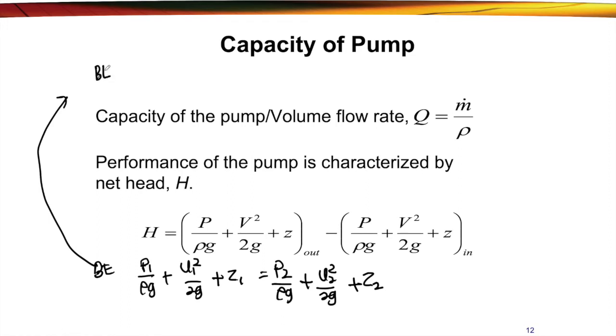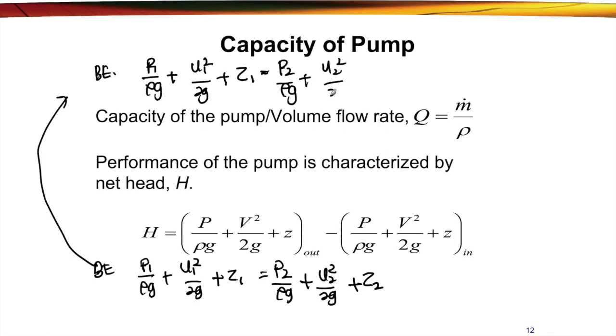So Bernoulli's equation becomes P1 over rho g plus U1 squared over 2g plus Z1 equals P2 over rho g plus U2 squared over 2g plus Z2 plus HF. Okay, this is chapter 8, where HF is the major and minor losses.